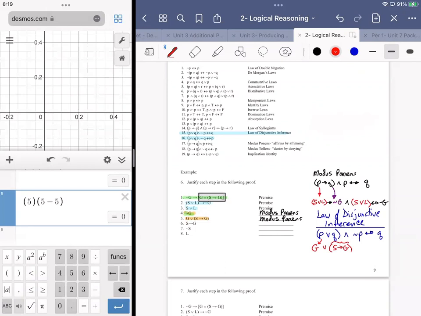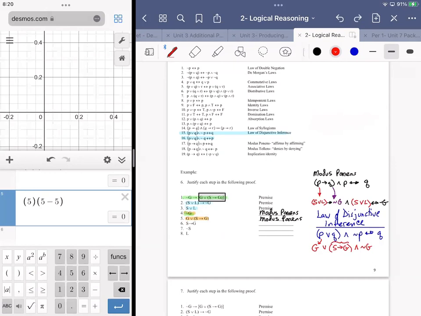So if I tell you that G is not true because not G is true, then that's basically telling us that this is out, because this is a contradiction.